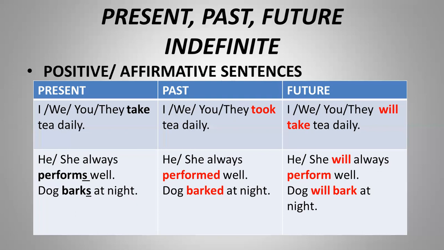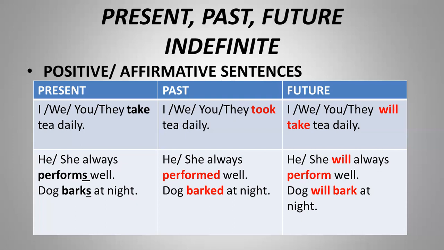With third person singular, as we have in the example, he or she, or it may be the name of anything, any animal. Like we have the example, he, she always performs well. He always performs well. She always performs well. So any of these, dog barks at night.